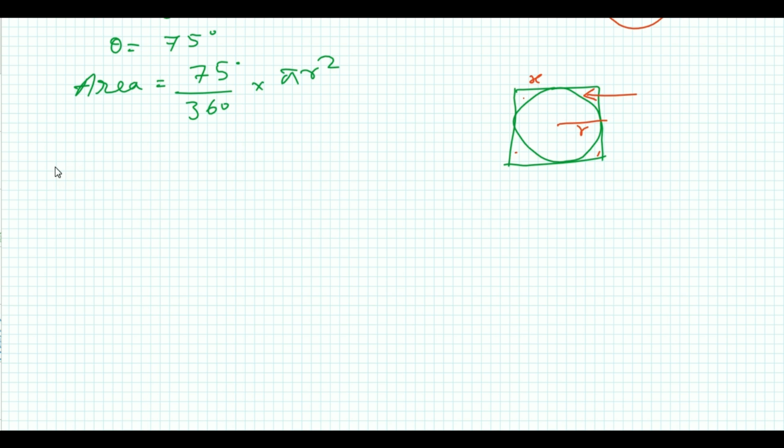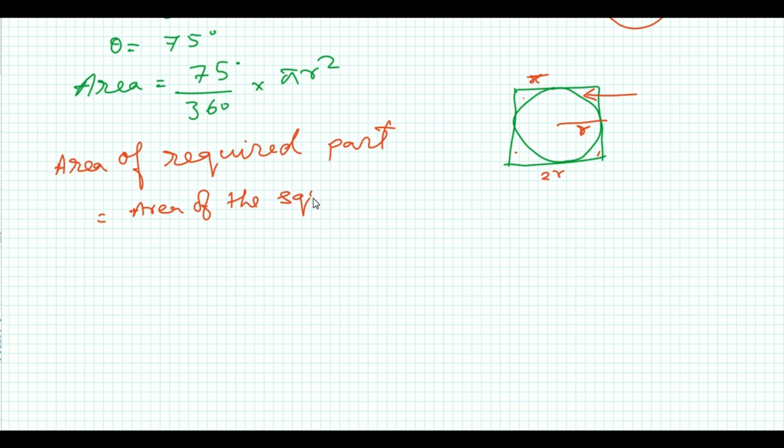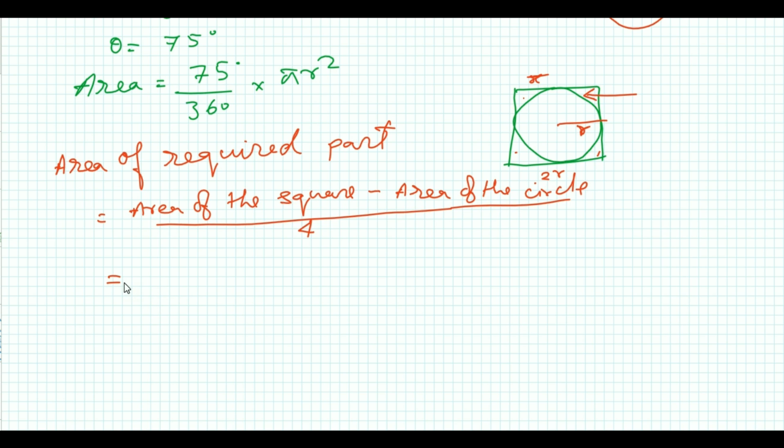Therefore, the area of the square is side square, 2r square, minus the area of the circle, pi r square, and I will divide it by 4.